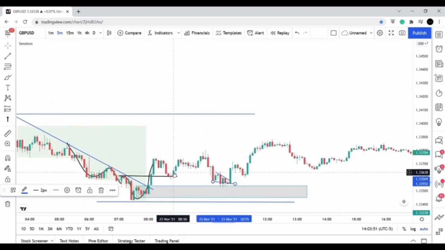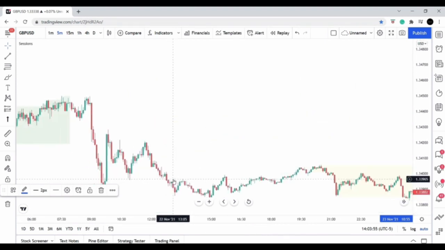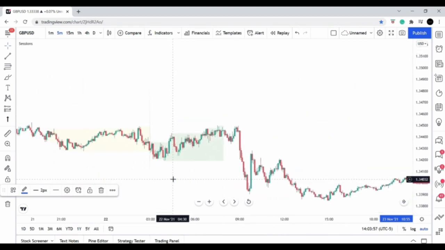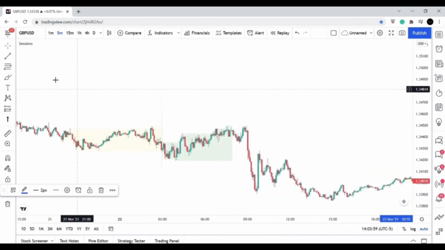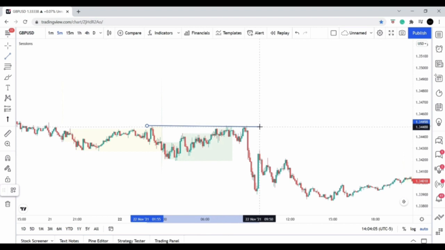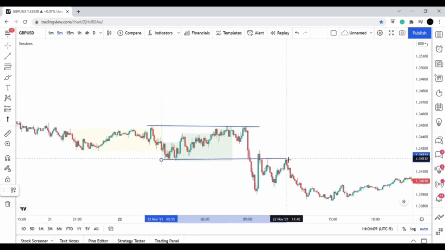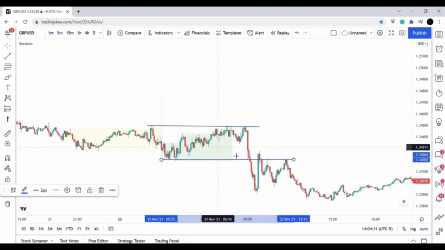These days right here, don't try to be a hero. Sometimes the market's probably going to be slow that day because the market is really not doing anything. Now once the market gets out of the zones, for example, notice how we have a high right here and a high right here. Once the market gets out of this zone, which is the high and the low, notice how we broke this zone right here.